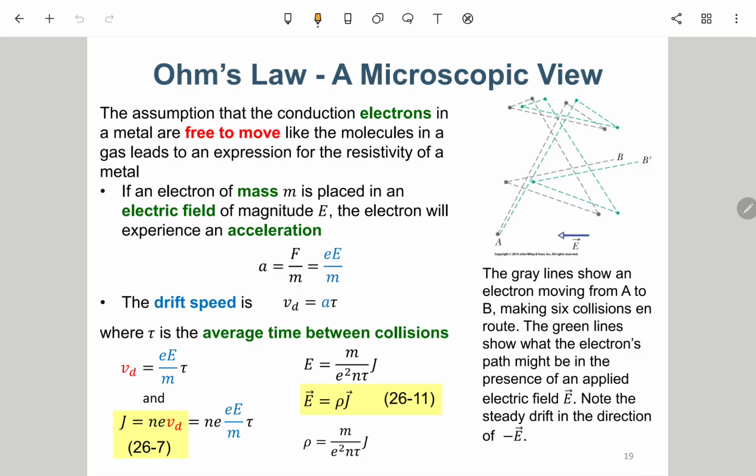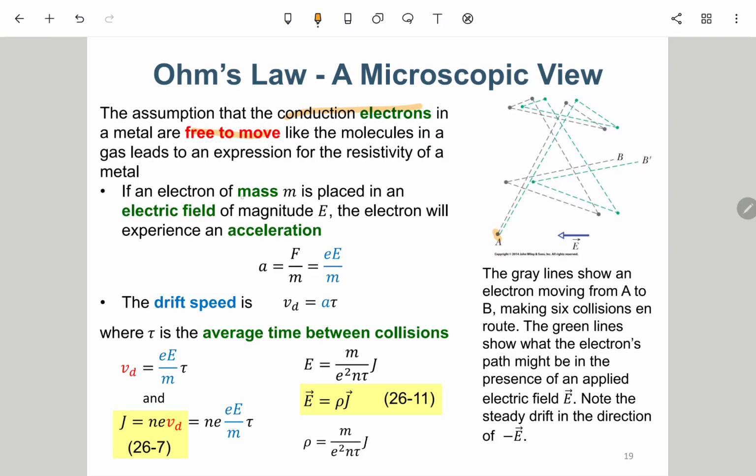The idea is starting from a point, probably point A, there are conduction electrons. There are quite a lot of conduction electrons in a material, or actually in a conductor, or in a metal, and they are free to move, like molecules in a gas, which leads to an expression for the resistivity of a metal.